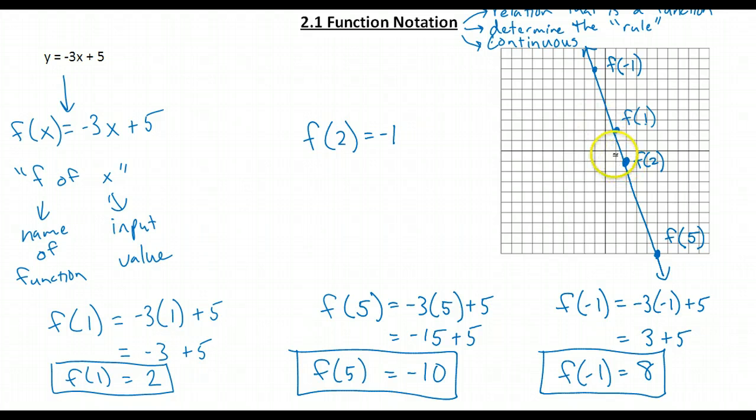Now I can see that on my graph, input 2, output negative 1, or if I plug 2 in for x and I do the math, I do get negative 1 for an answer. So the graph and the function notation should go hand in hand.